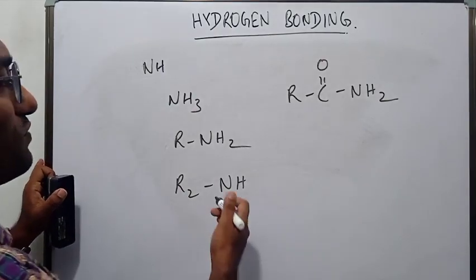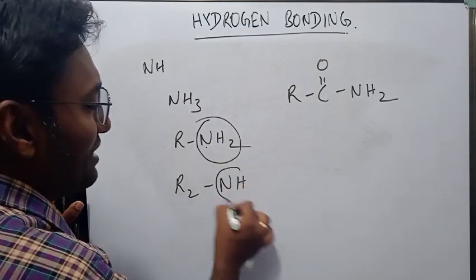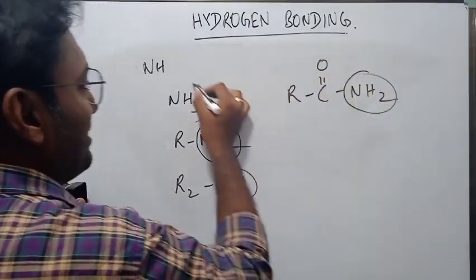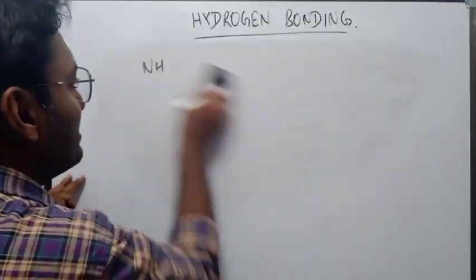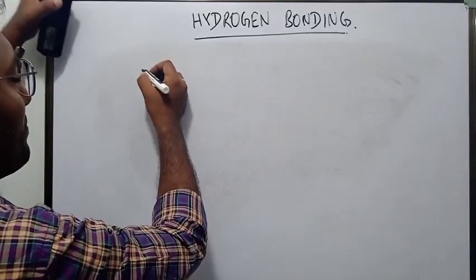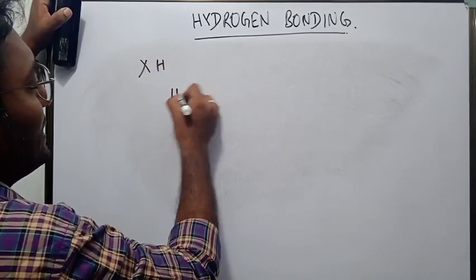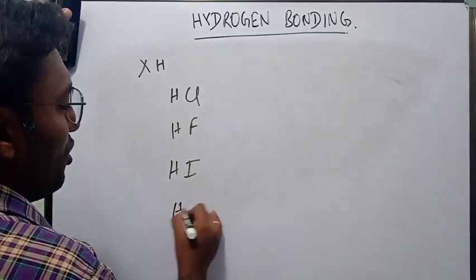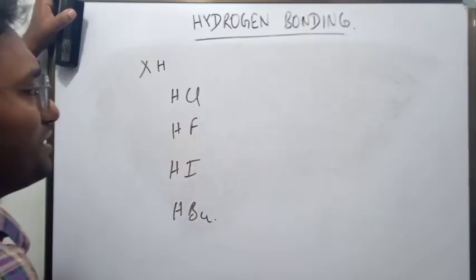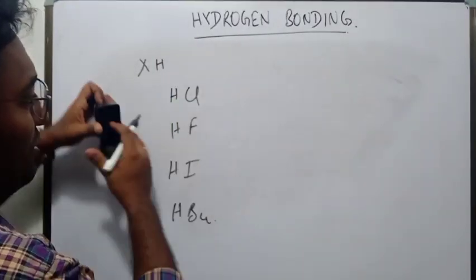Here also we can see that hydrogen is attached to the electronegative atom, right? So all these compounds having NH, they also show hydrogen bonding. The other example is halogen, right? Look at HCl, HF, HI, HBr. All these compounds will show hydrogen bonding because hydrogen is attached to an electronegative atom.